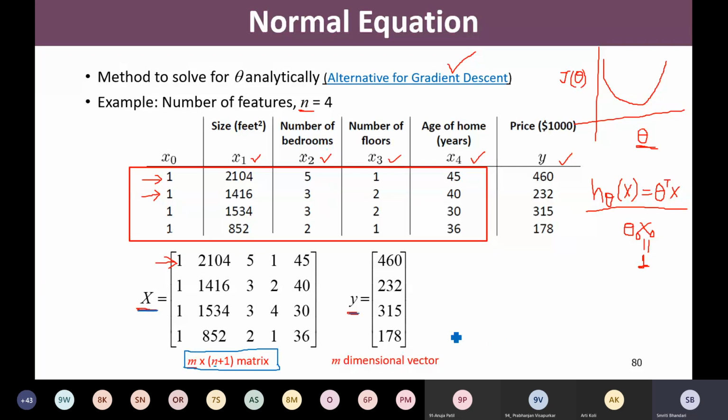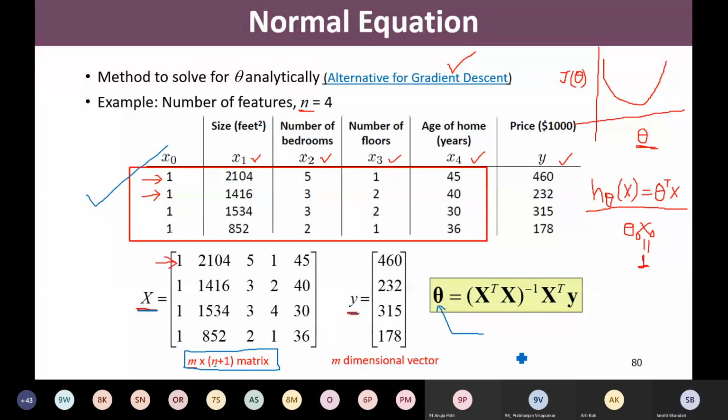Now, if I am formulating something like this with whatever training data is available with me, then the normal equation method will directly give me an expression to compute the values of theta. Ultimately, we are interested in computing this parameter theta to come up with the hypothesis.